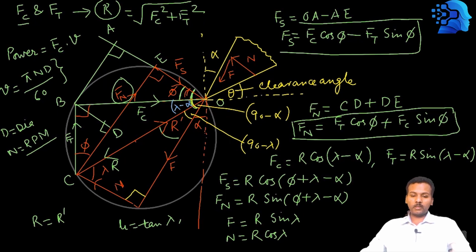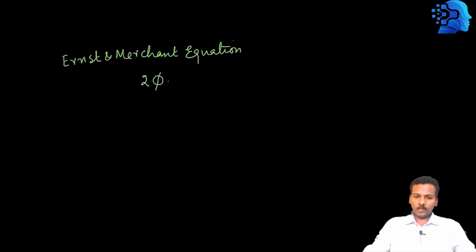Remember, there is a relationship: tan phi is equal to r cos alpha upon 1 minus r sin alpha. So from this equation, if you know the alpha, then you can calculate the phi if you know the chip thickness ratio. Now in the next lecture, I will discuss the relationship between the different angles, and one important equation is the Ernst and Merchant equation, that is 2 phi plus lambda minus alpha equal to pi by 2.